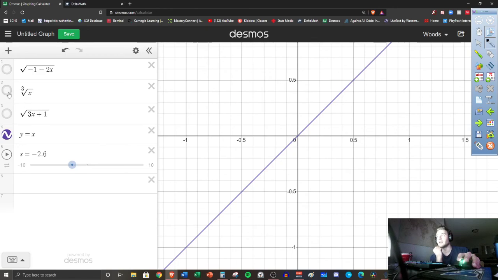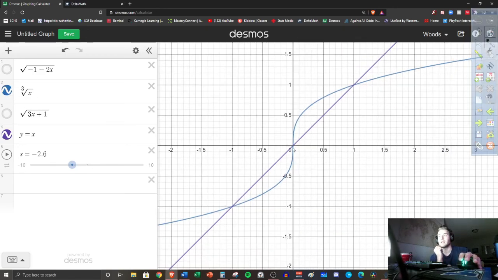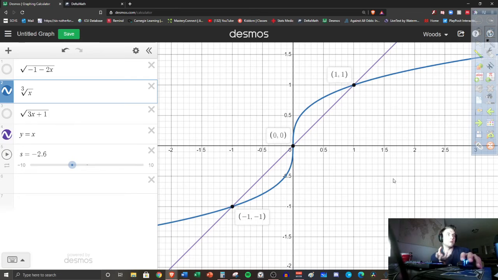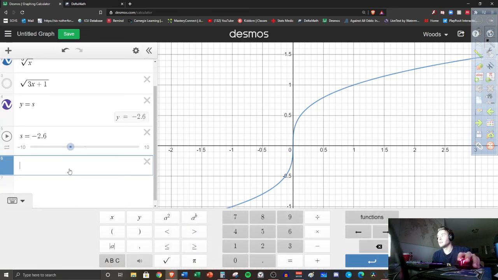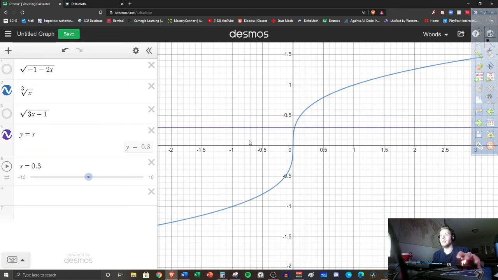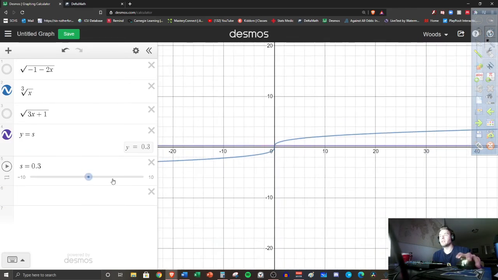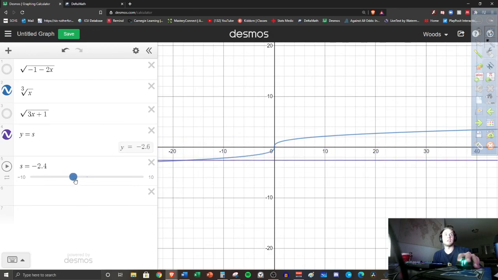As soon as I graph a cube root, by the way, look at this cube root, 3 solutions to it. Cube roots will always have solutions. No matter what I put here, let's change this back to S. No matter what I put, these graphs will intersect anywhere, right? Look at the purple line and how it always crosses.